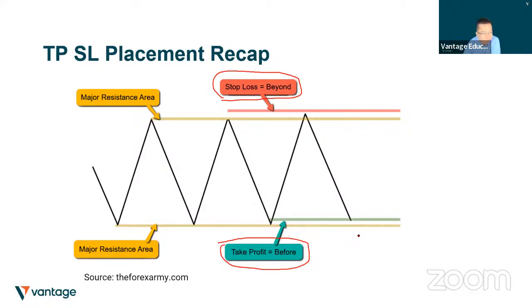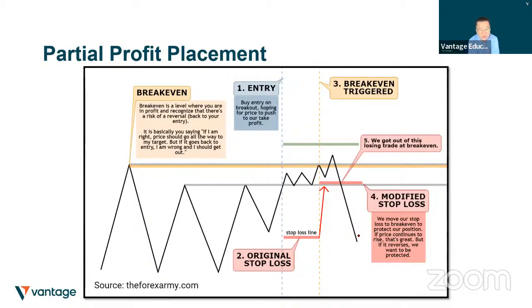All right. So with that, now we start considering the partial profit placement. What that means is that, let's see, right? At this point, so don't worry about that one yet. You're looking at point number 1 here, the entry level.